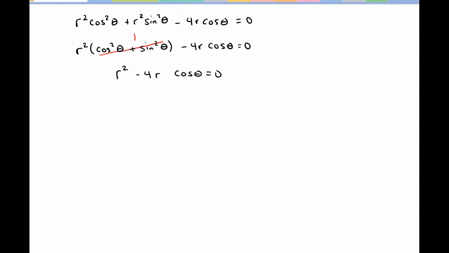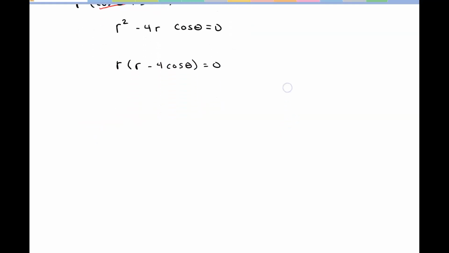So now I'm going to factor out an r. Then I'm going to have r times r minus 4 cosine theta equal to 0. And I can apply the zero factor property, and I can say r equals 0 in one case, and in the other case, r equals 4 cosine theta. And this is actually going to be our answer.